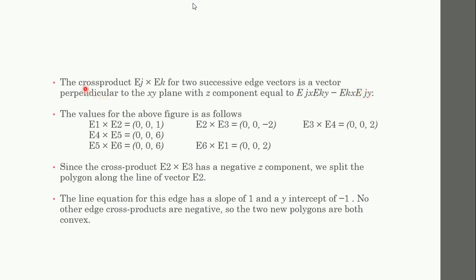Okay, so this is how you calculate the cross product. This calculation I have already shown in the previous slide, how to find out the cross product of the two edge vectors.